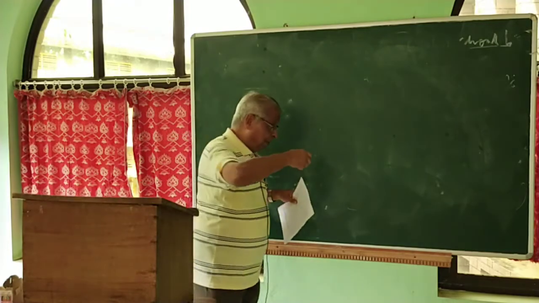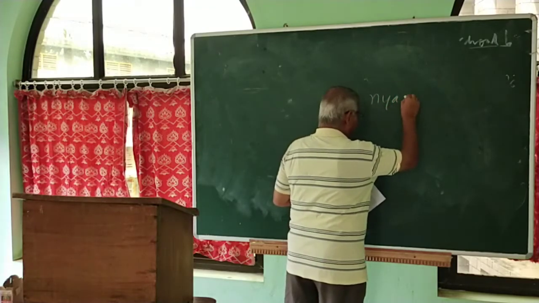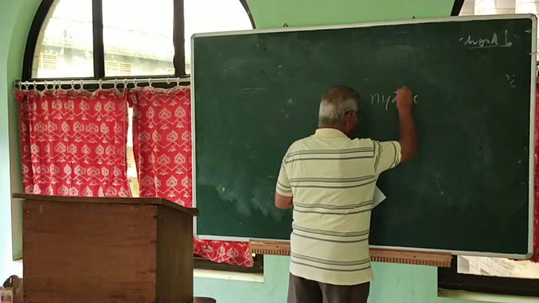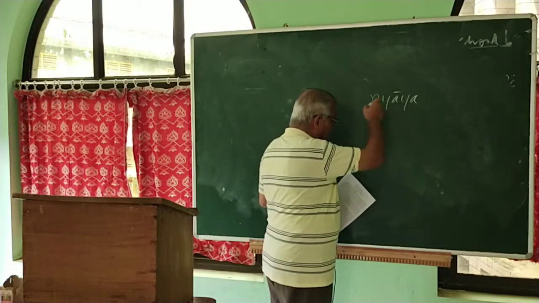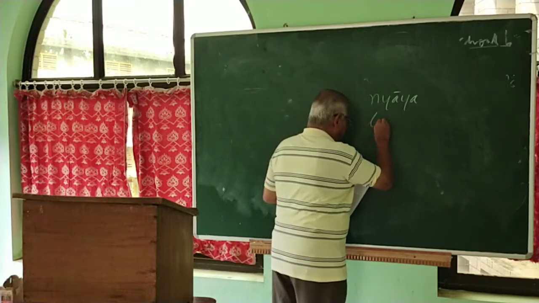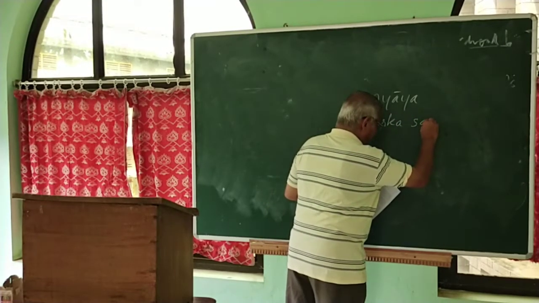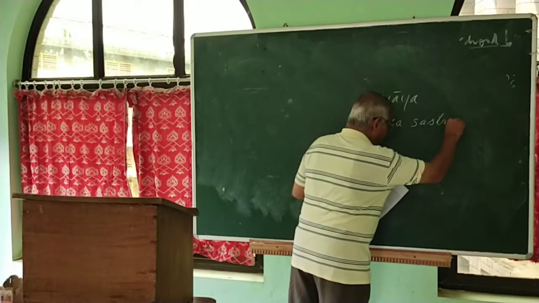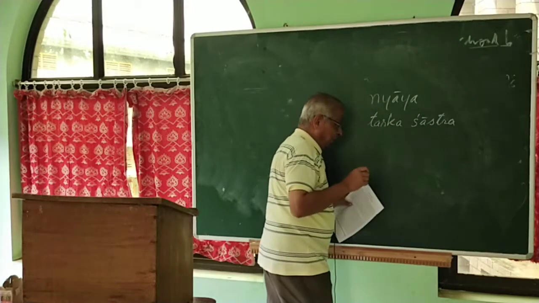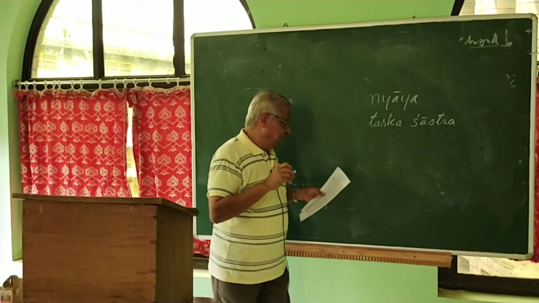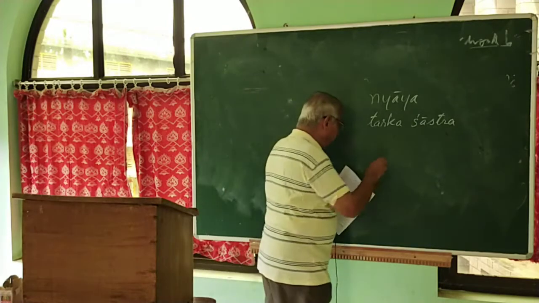Now we are to write with the diacritical signs. Nyaya. So it is written this one, so it is prolonged. Then Tarka Shastra. It is the Sha sound. Therefore, it is Tarka Shastra. Then Vada Vidya.